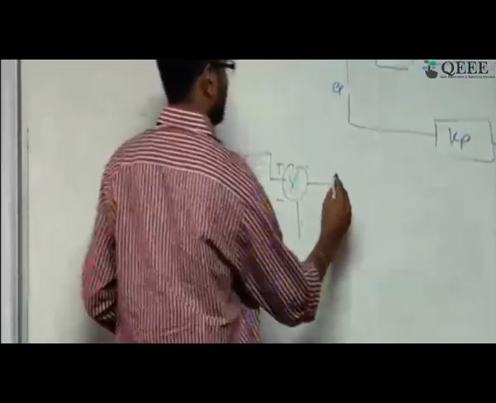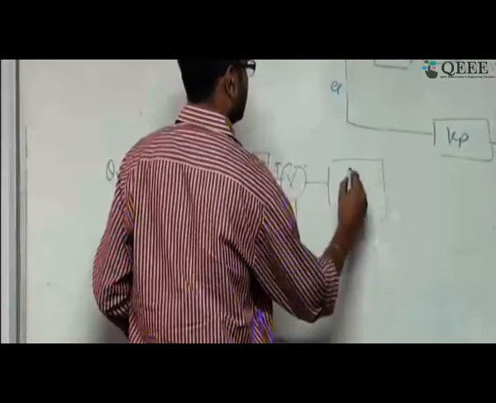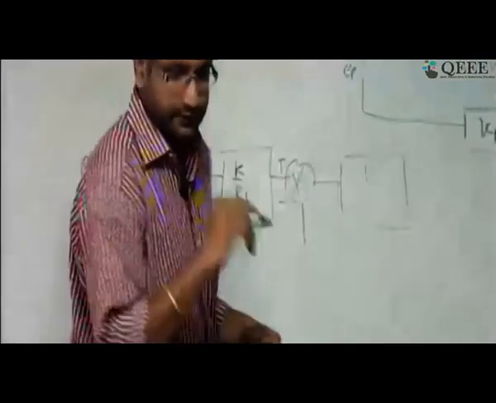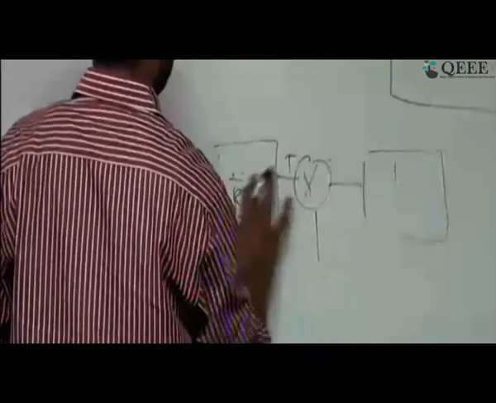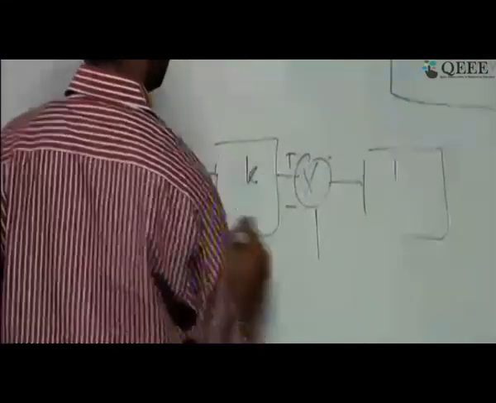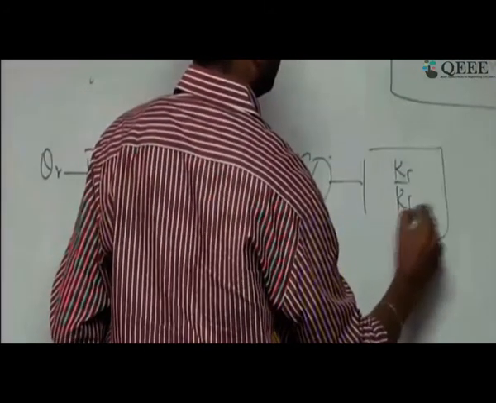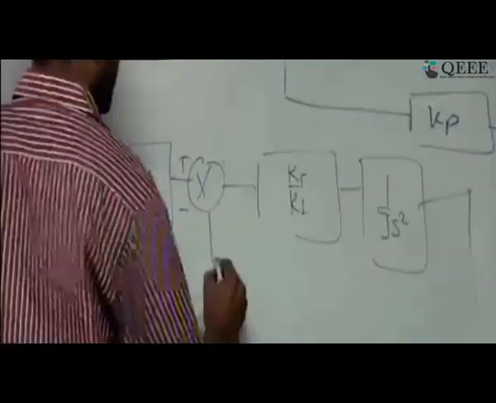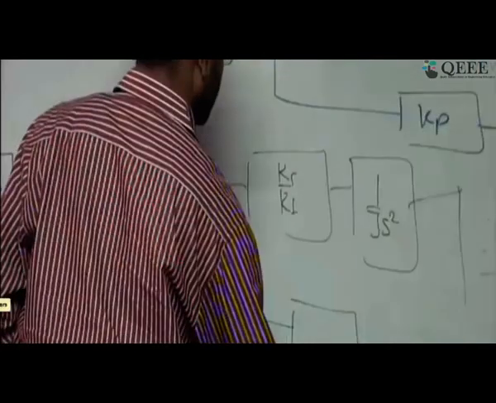Here k is a proportional constant, and this k by Rf I am writing as Kt by Rf, then Js square, and here I am using an s Kt term.